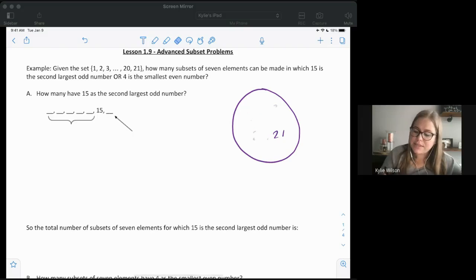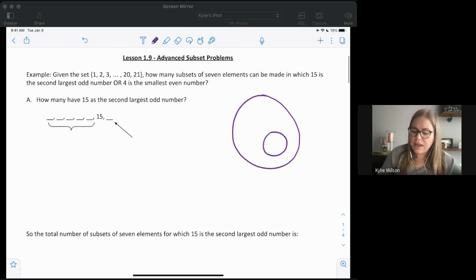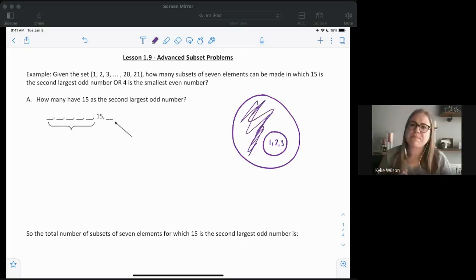Now, a subset would be a smaller group of those numbers. So within that group, maybe I have 1, 2, and 3 only. The other numbers are still living out here. So they're all still within the set, but I have just taken some and circled them off in a little set. And that's what a subset is. And that's what we'll be looking at here.